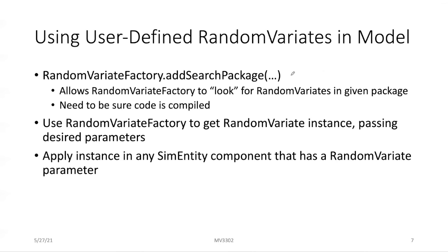Now, you need to be sure that the code is compiled. If it's not compiled, it's not going to find it. So in NetBeans, you want to turn on compile on save, or just make sure that you recompile it as it's edited.